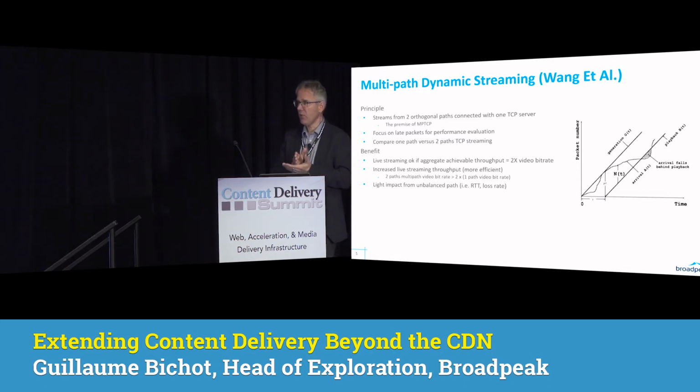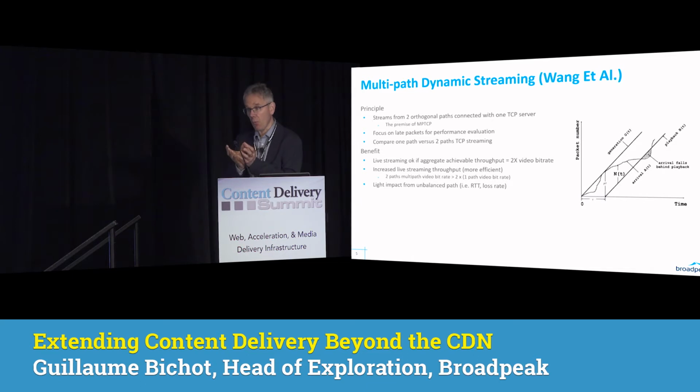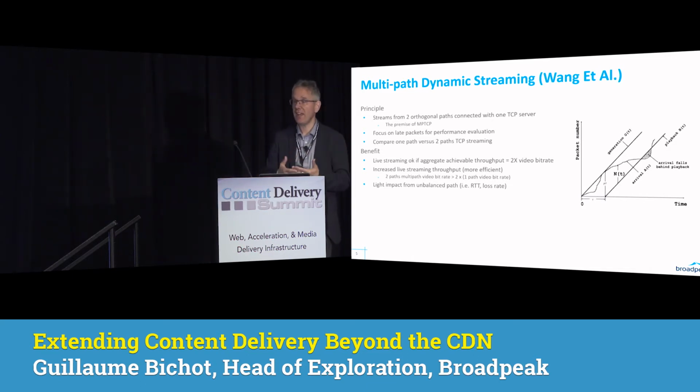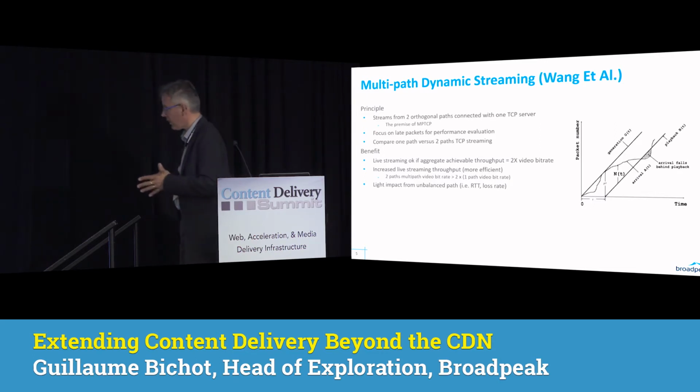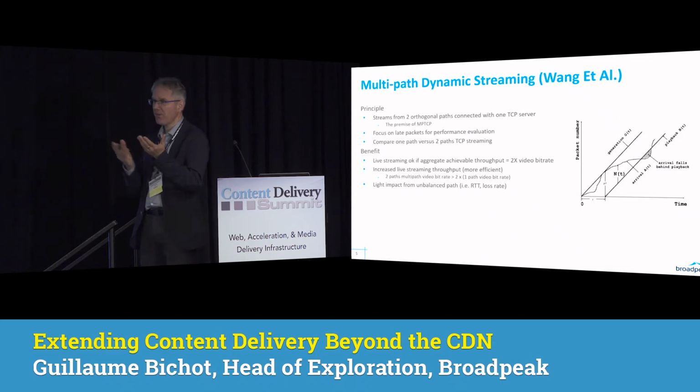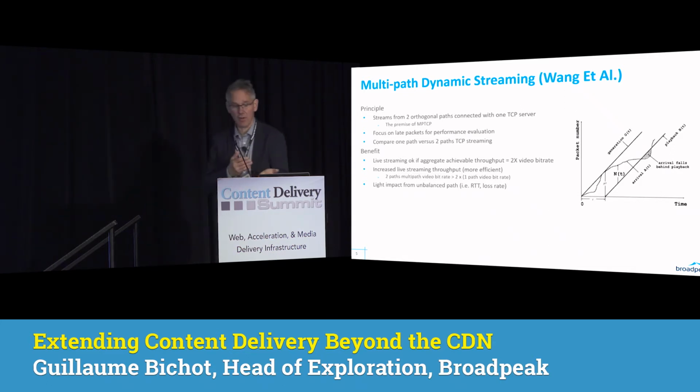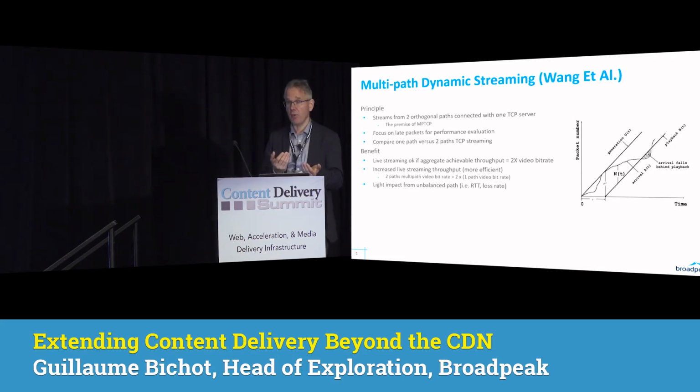Basically, if you take the video bitrate that you can play on each individual path, and use the paths in multipath, then you get a gain in terms of throughput. And the last result that was very interesting is that if the paths are unbalanced, I mean with different RTT or different loss rates, it is not impactful.